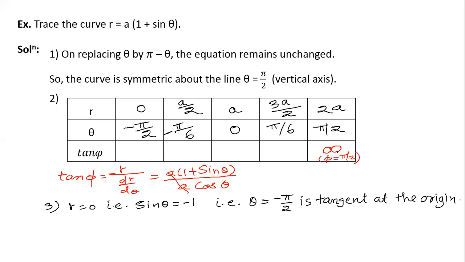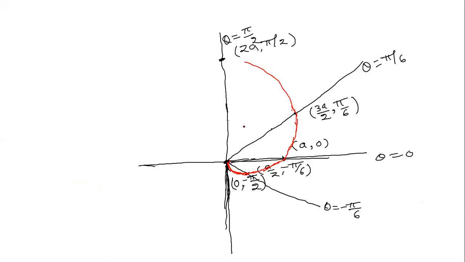Okay. So the meaning of this is that the angle between the radius vector, r equal to 2a, so the angle between the radius vector, theta is equal to pi by 2 is the radius vector, and the tangent is 90 degrees.